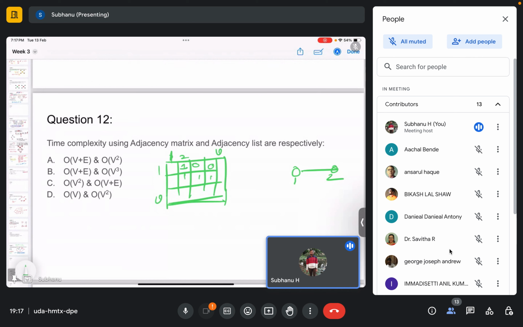Otherwise all will be 0. This is the concept of the adjacency matrix. And adjacency list means that if your node is connected to two other nodes, then you will have a linked list. So this is the adjacency matrix and this is the adjacency list.